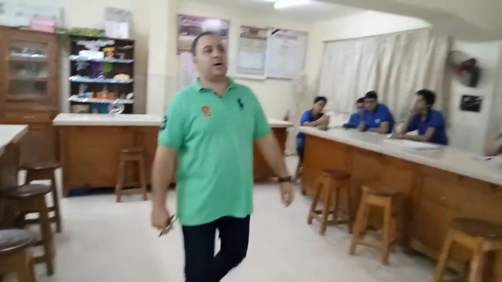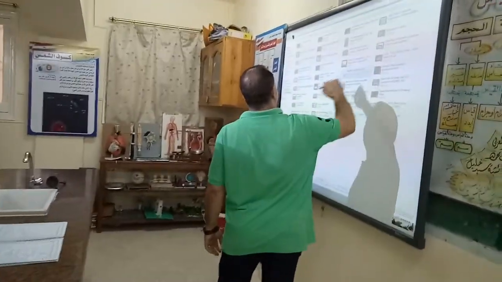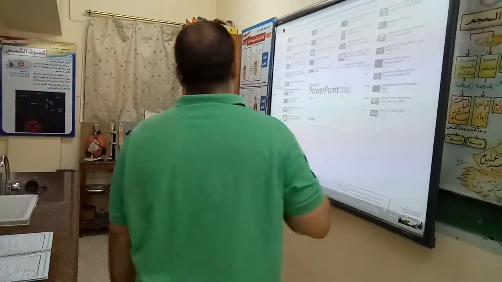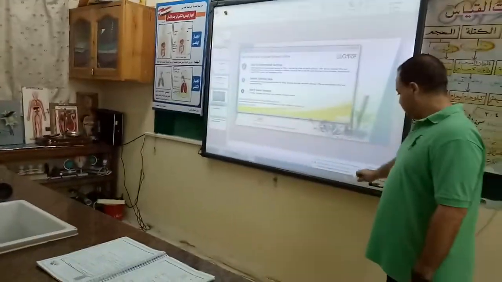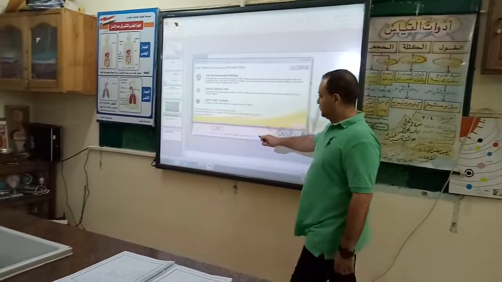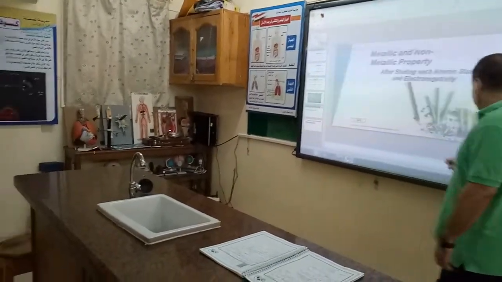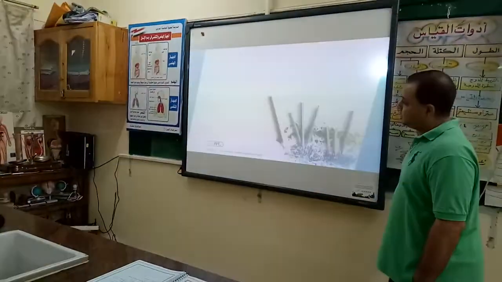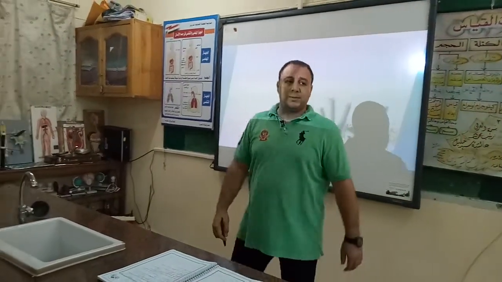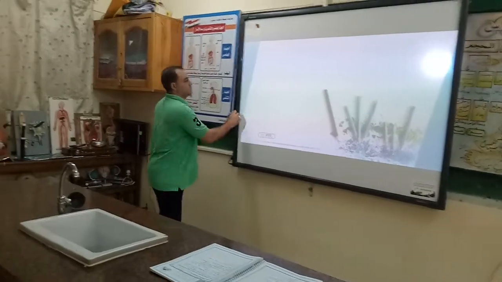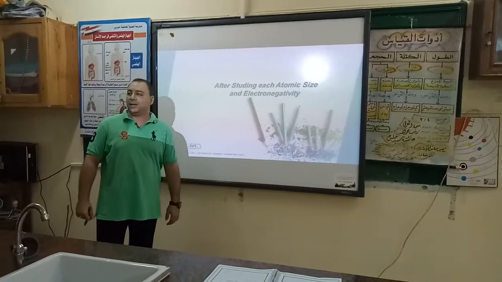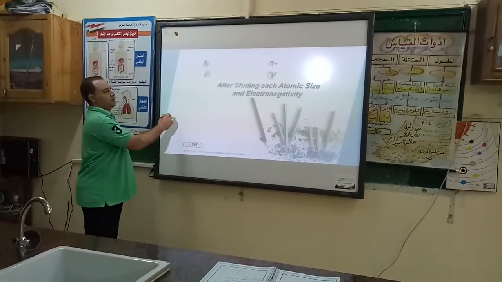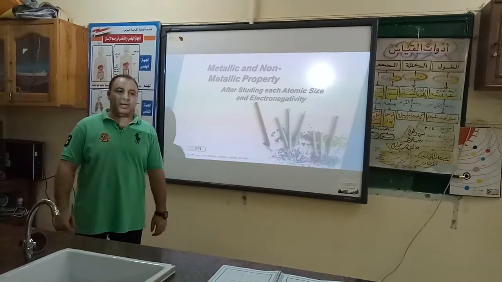Okay? Now we are going to study the third property of elements in the modern periodic table: metallic and non-metallic property. After studying atomic size and electronegativity, we are going to study the difference between metallic and non-metallic property.